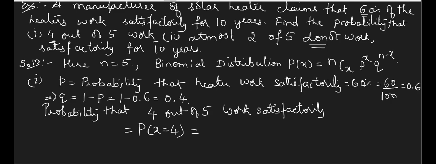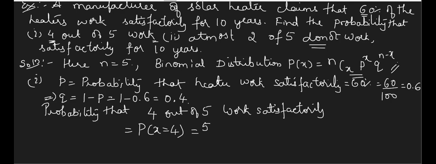If you take x as 4, p as 0.6, q as 0.4 and n as 5, what is the binomial distribution going to be? Substitute all the values here. Unless you tell me, I cannot write.